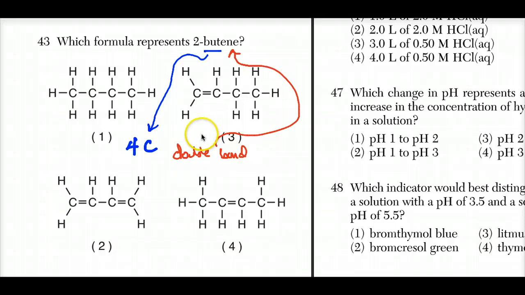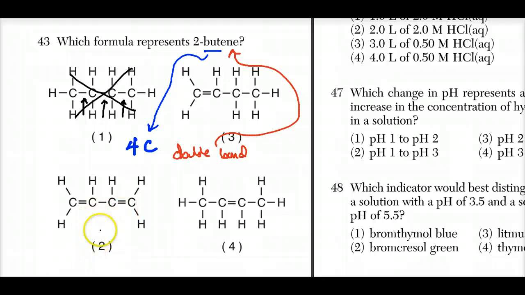I can look and see that number one I can just cross off because this is butane. It's a single bond between the carbons. It's 4 carbons, it's saturated, and the ane would mean a single bond. Now I've got double bonds. Here's the thing: there are 2 double bonds here.